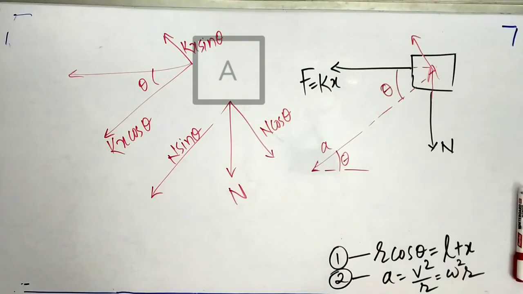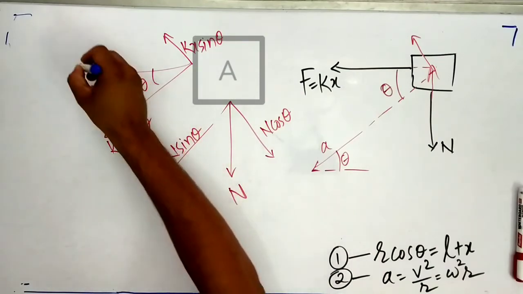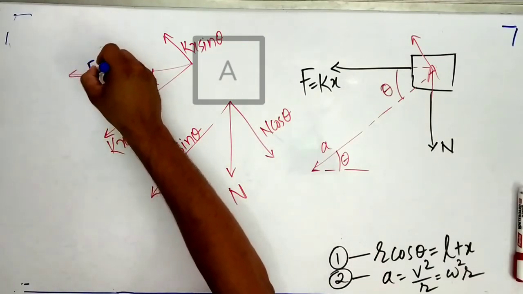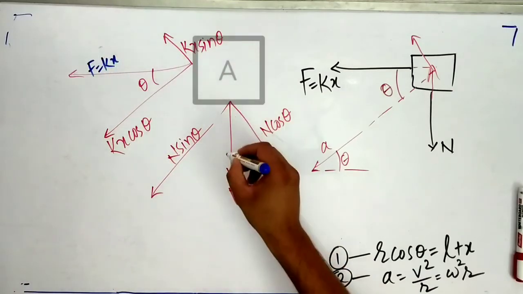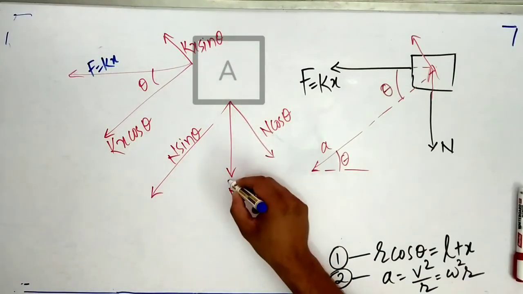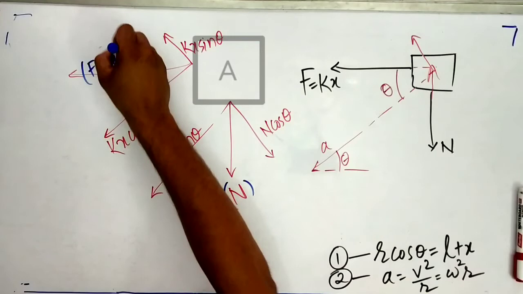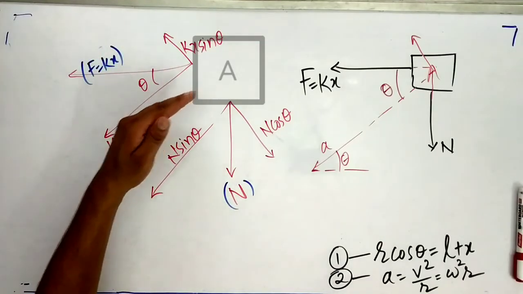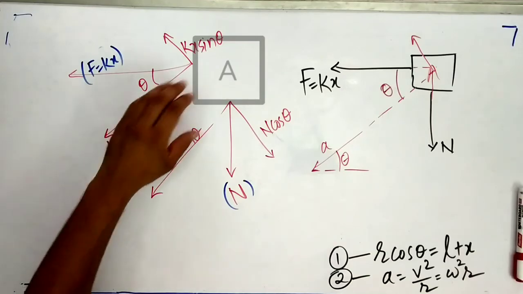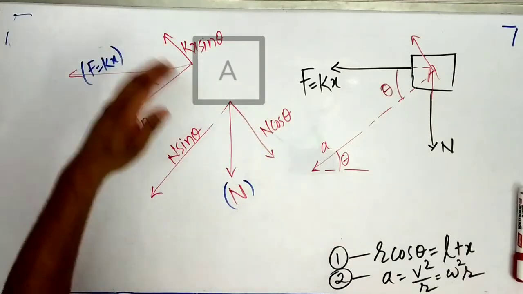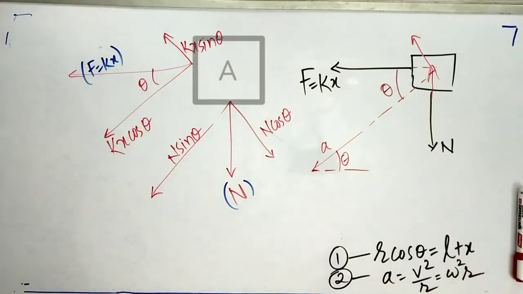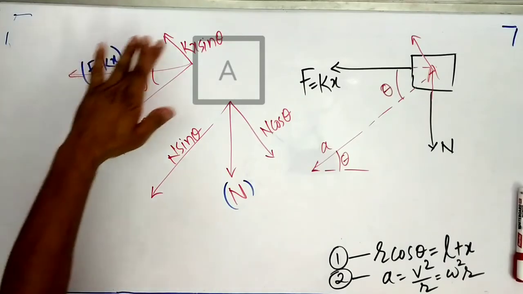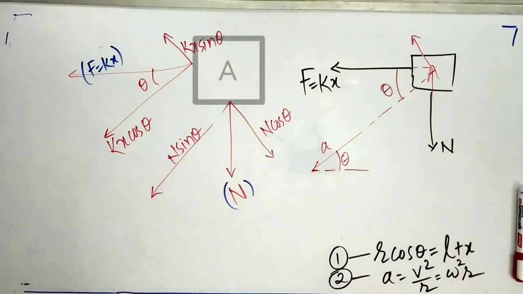What we have done here is we have broken the force Kx and the normal force n into two directions, this way along the acceleration and this direction which is perpendicular to the acceleration. Now we are going to use these components in our equations.